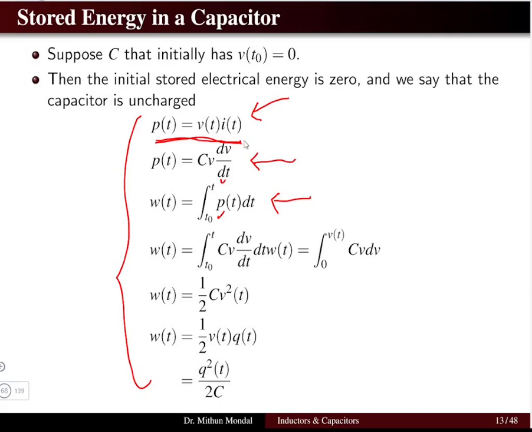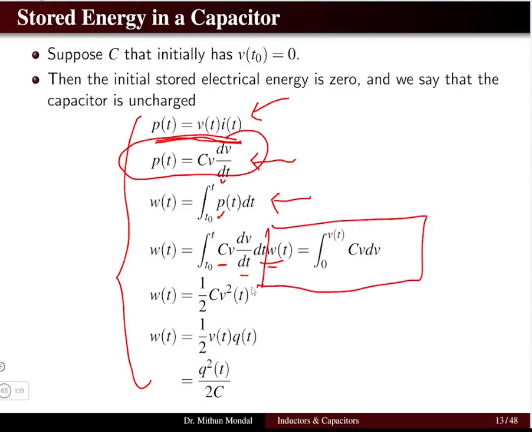So if we integrate the power equation, we get integral of C V dV by dt into dt. So now we can get W(t) equal to the integral from 0 to V(t) of C V dV, because dt and dt will cancel out each other and you will get C V dV. It means that the energy is equal to half C V square. So when integrating, you will get half C V square.